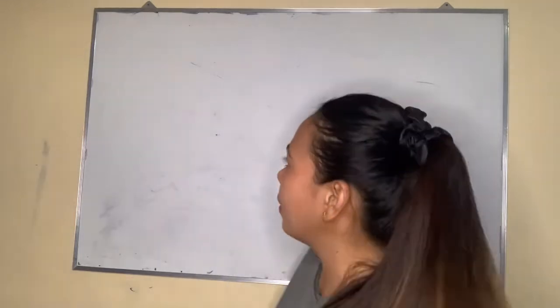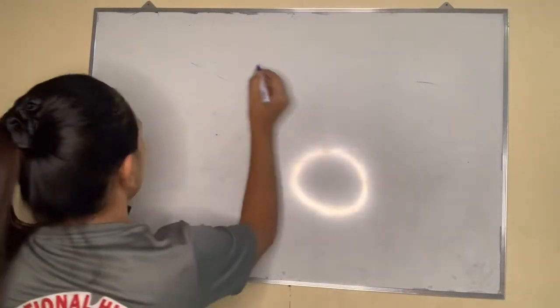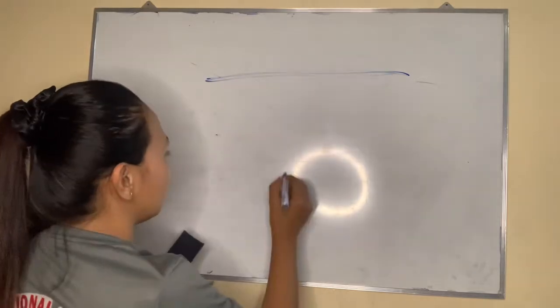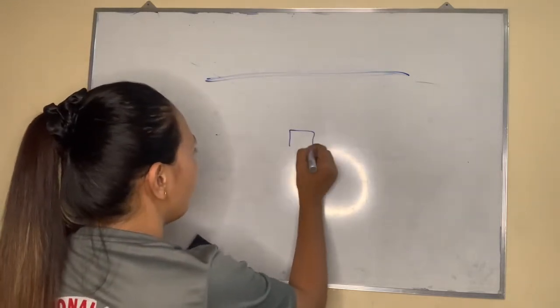And as we always say doon sa ating module sa week 4, in every solution, ginagawa natin siya ng free body diagram. So doon sa ating example, say for instance, this is the ceiling. So that's the ceiling. And you have an object.